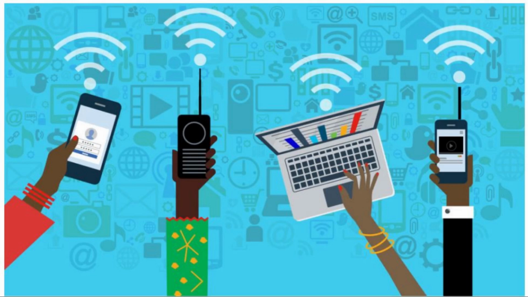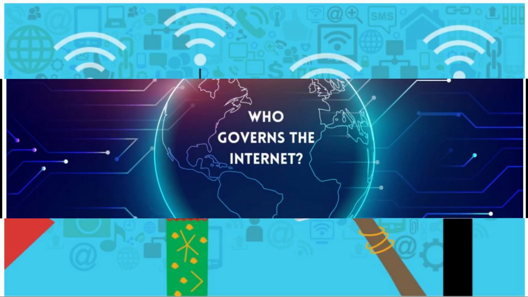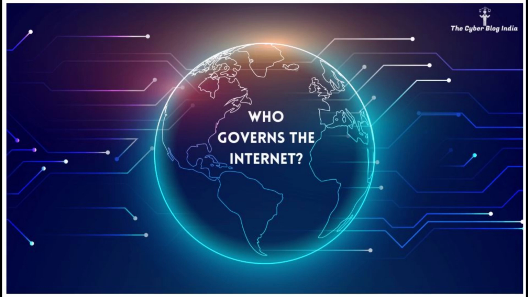When the web developed in the 1990s, a typical web page was stored in completed form on a web server, formatted in HTML, ready for transmission to a web browser in response to a request. Over time, the process of creating and serving web pages has become dynamic, creating a flexible design, layout, and content. Websites are often created using content management software with, initially, very little content.